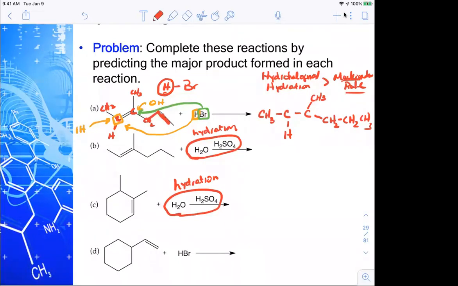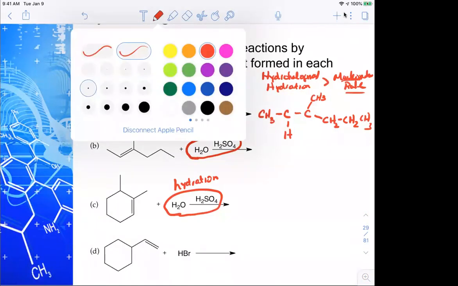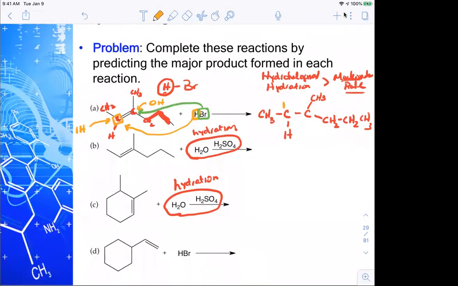So this is that propyl piece, and here's my ethyl. Now, what I've added is a hydrogen to that carbon, and a bromine to that carbon. So this is the major product.